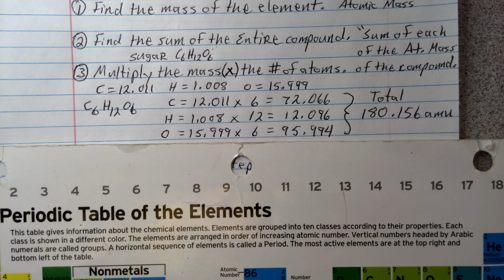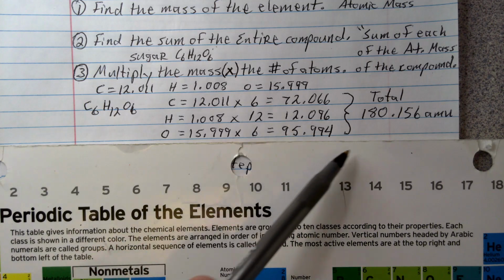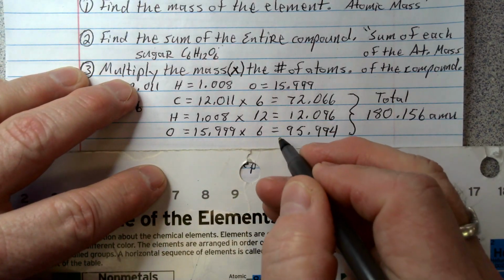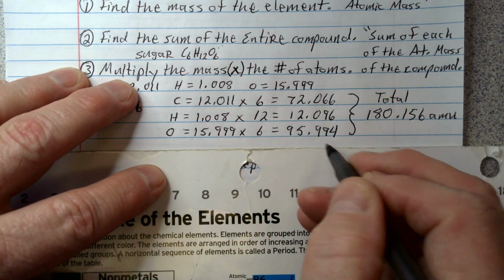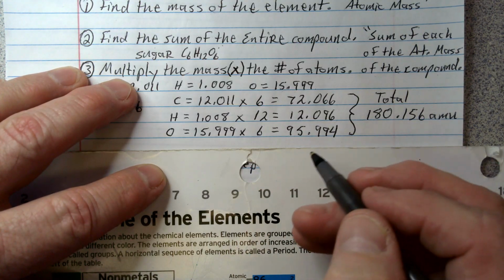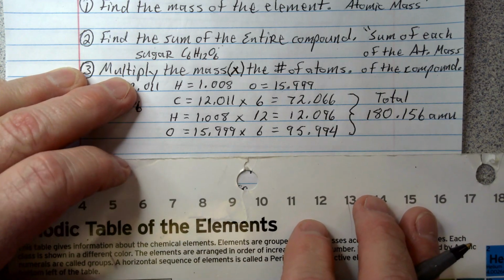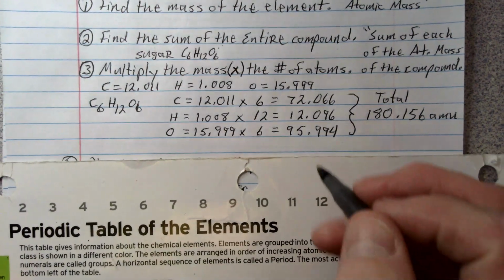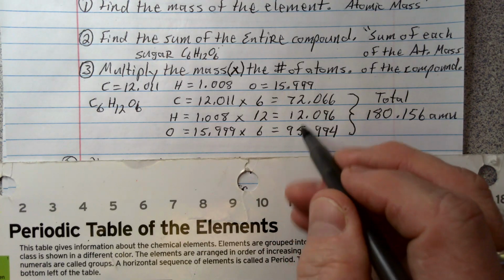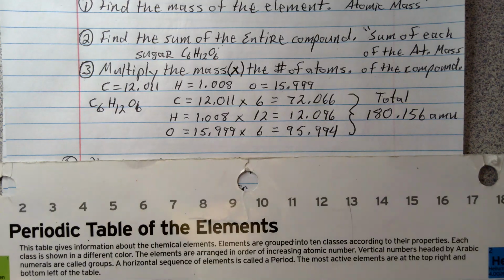So we're going to find the sum of all 3 of these here. Now, if it makes you feel better, you can put a plus sign and a line underneath it and put the total underneath it. Some people can do it this way. Other people feel better about putting it down below and just using it like a regular math problem where you put a plus and a line and add all of this together.